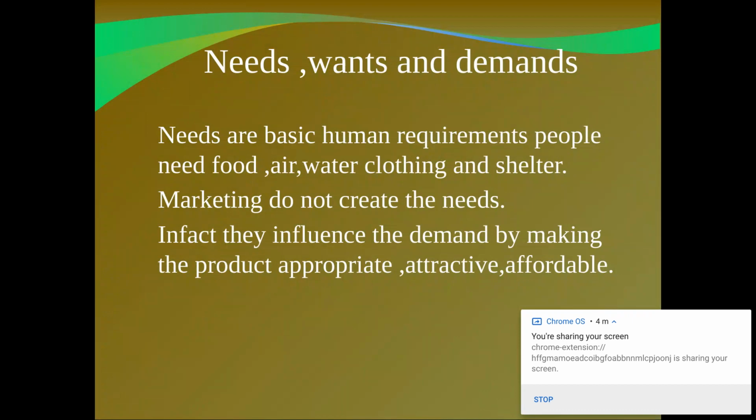And as a marketer, we try to modify these needs as per the segmenting or the targeting or positioning of the market. So we cannot create need, we can modify it, we can create wants.